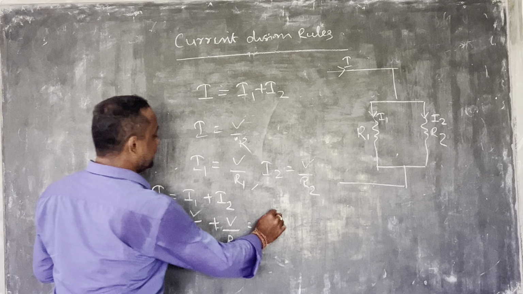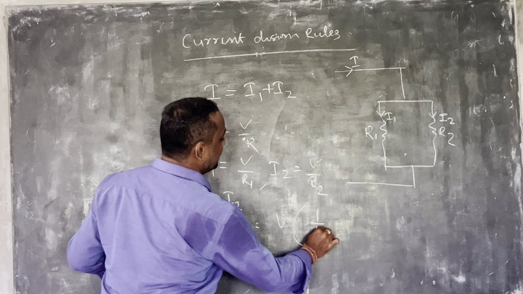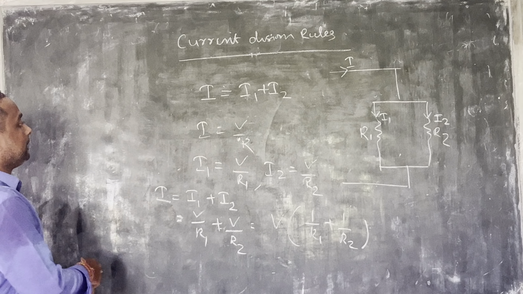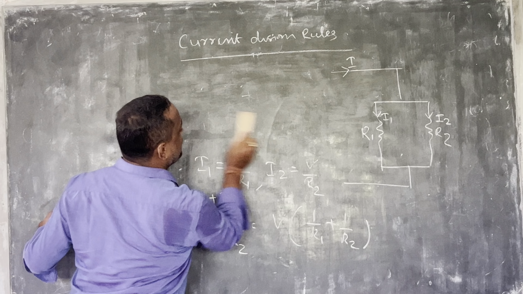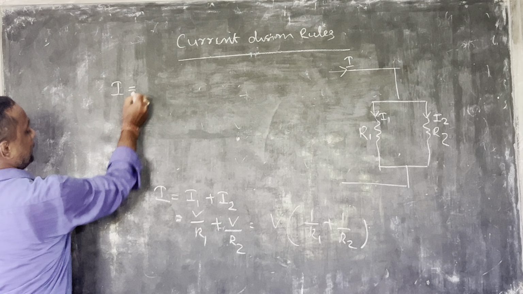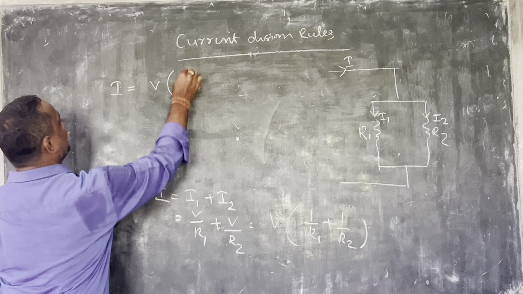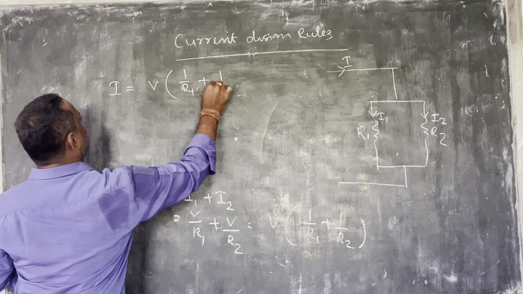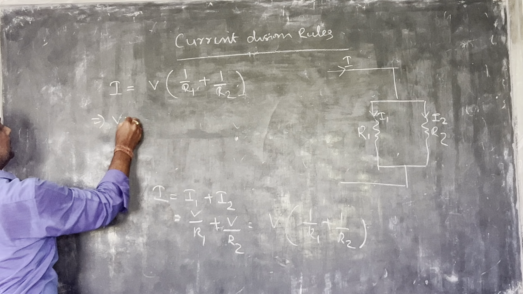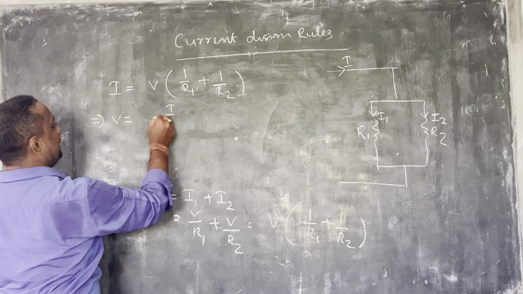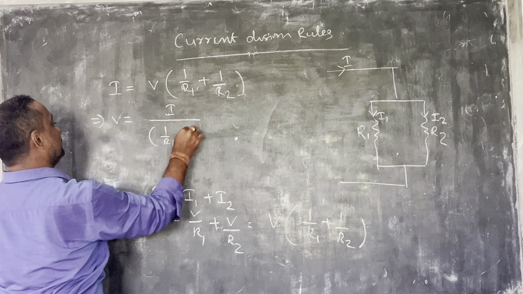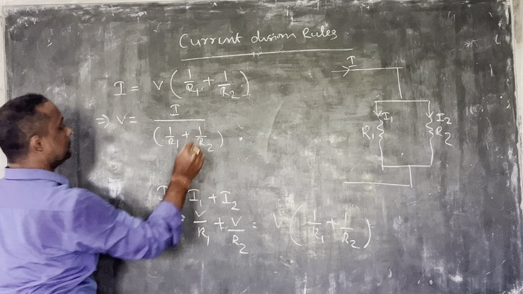Then V is common, so I equals V multiplied by 1 by R1 plus 1 by R2. We can find the voltage V, that is I divided by 1 by R1 plus 1 by R2.